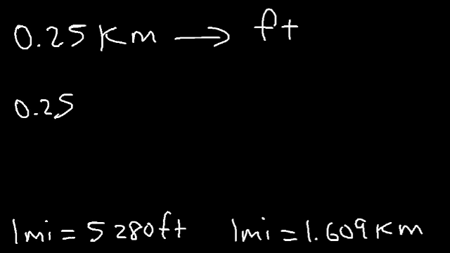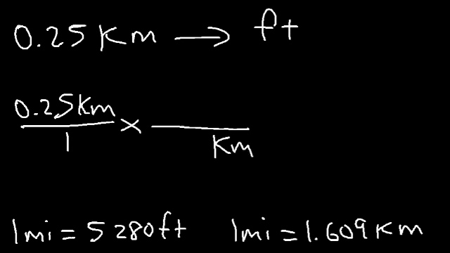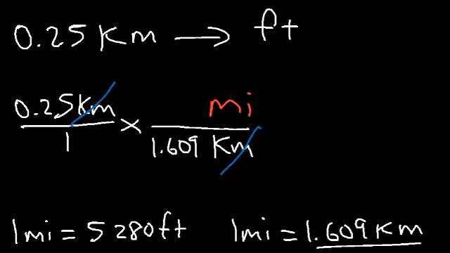So let's start with what we're given. Now, in the next fraction, we need to put the kilometers on the bottom so that these units will cancel. And we want to convert it to miles initially. So we know that 1.609 kilometers is 1 mile. So now we can convert miles into feet.